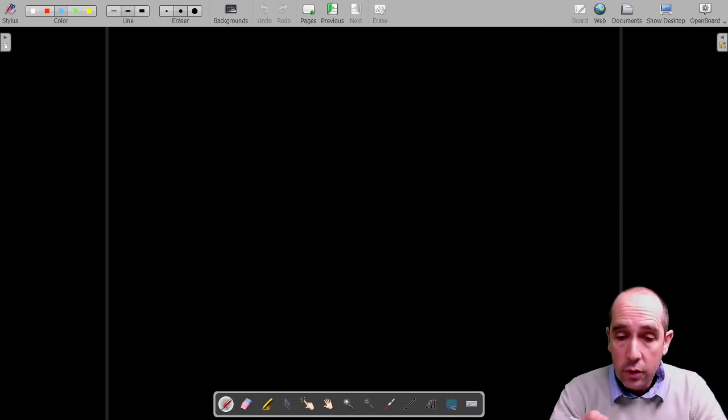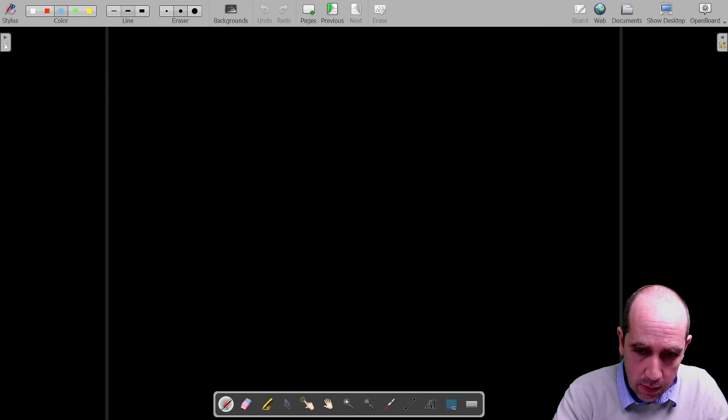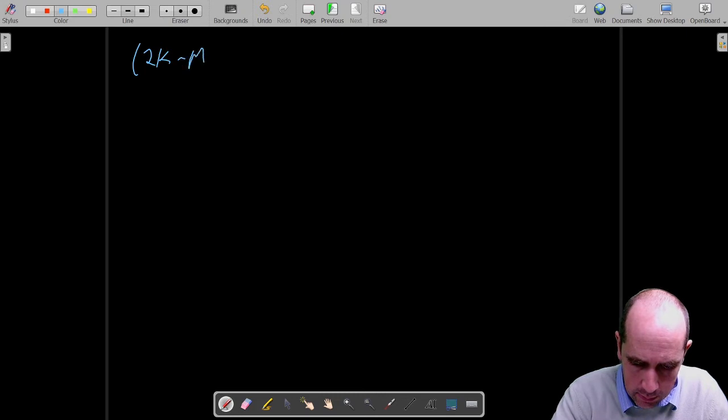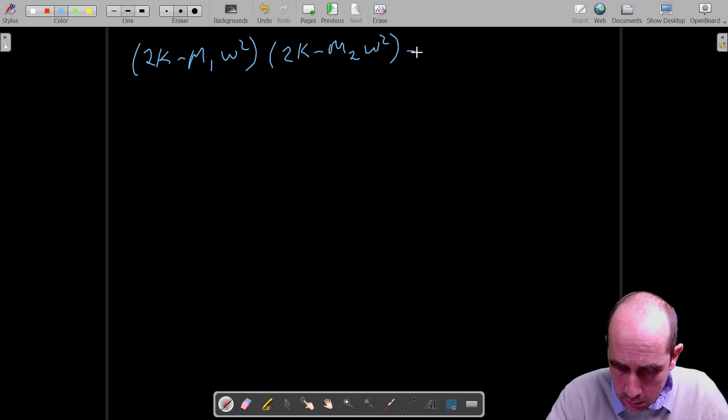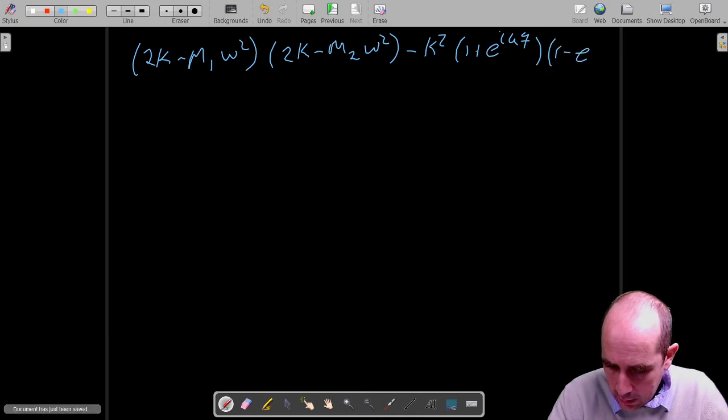Okay, so from this determinant, what we obtain in the end is the following equation: 2k minus m1 omega squared, times 2k minus m2 omega squared, minus k squared times (1 plus e to the i a q) times (1 minus e to the i a q), equals 0.